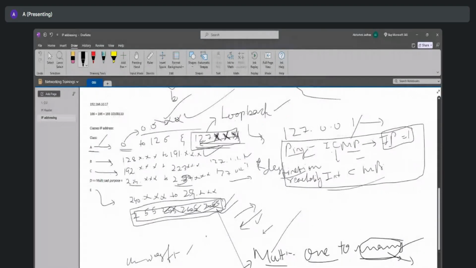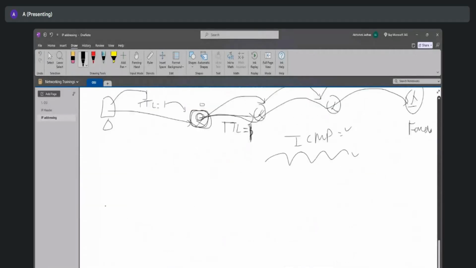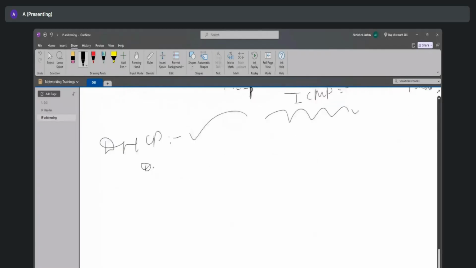Now, after this, we have an important concept. I believe DHCP is over, right, for you? DHCP is done. Now, in DHCP, in the DORA process, we know that there is a discover packet, right? And then there is an offer packet, right?